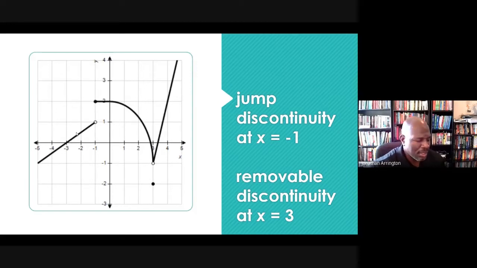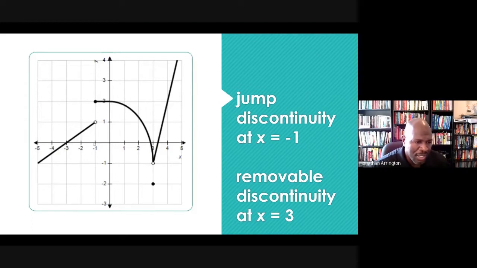Now let's see what conditions this particular function did not meet. Let's go through our three conditions of being continuous. The first one: does f of -1 exist? Yes, f of -1 is 2. If you see a closed circle on the point, or the graph is just smooth on the point, like for instance f of 4, then the function is defined at the point.